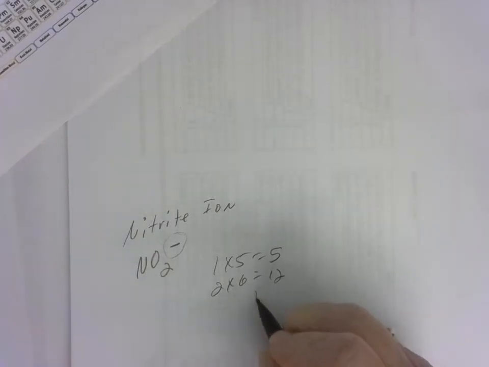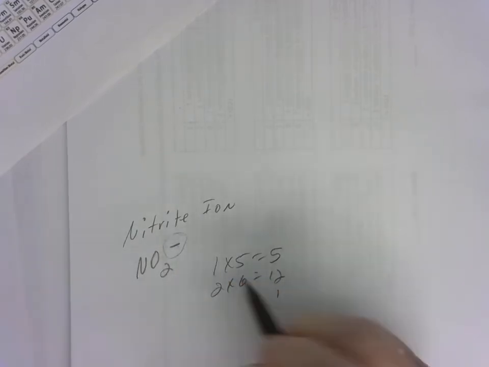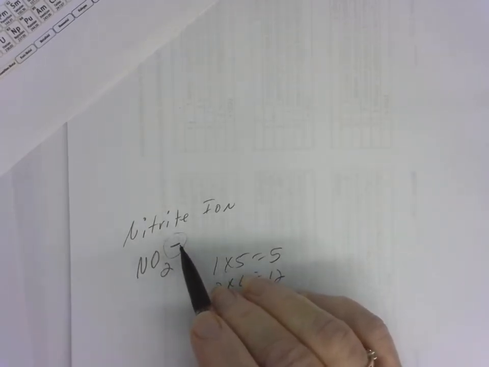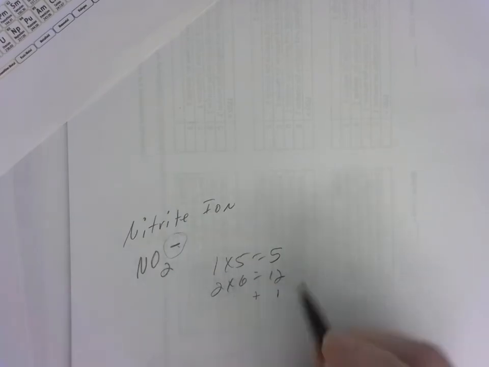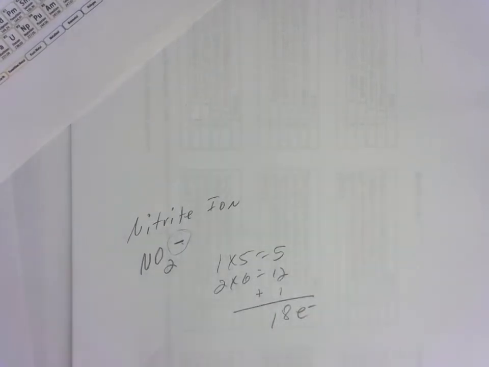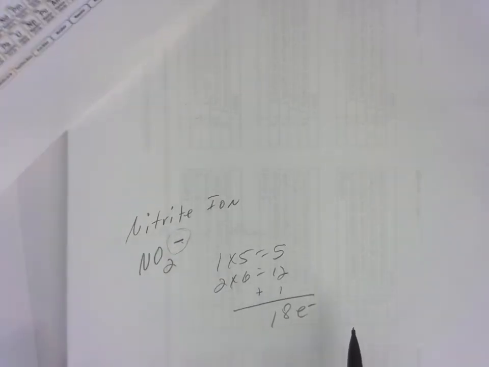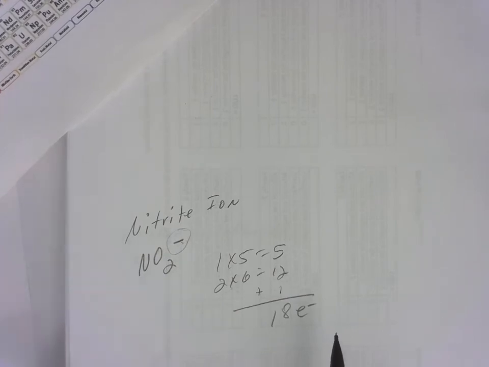So we have plus another 1 electron because there's a minus 1 charge. So remember, minus charge stands for electron. They're negatively charged. So this adds up to 18 electrons. So when you have an ion, if it's positively charged, you've got to take away electrons depending on the charge, and if it's negatively charged, you've got to add electrons depending on how big the charge is. So just to tell you about that one.